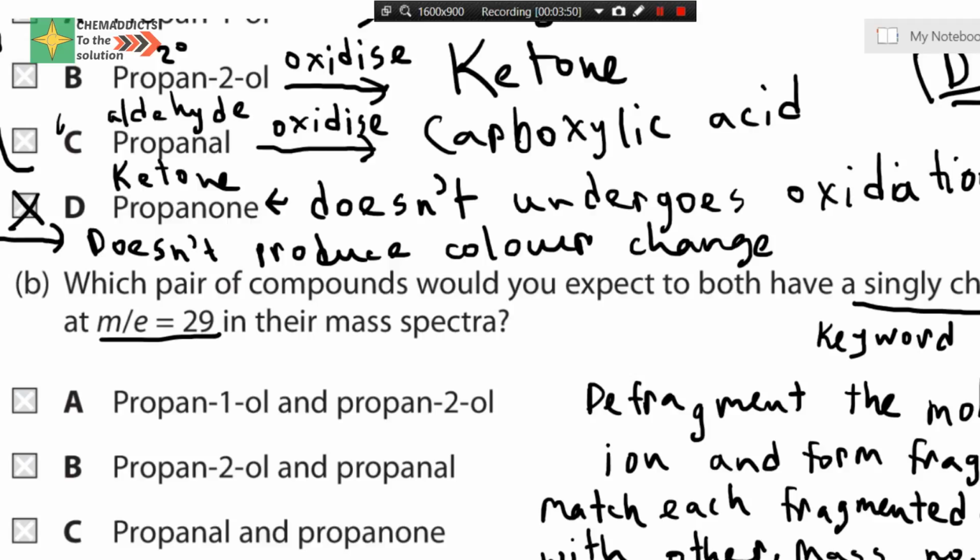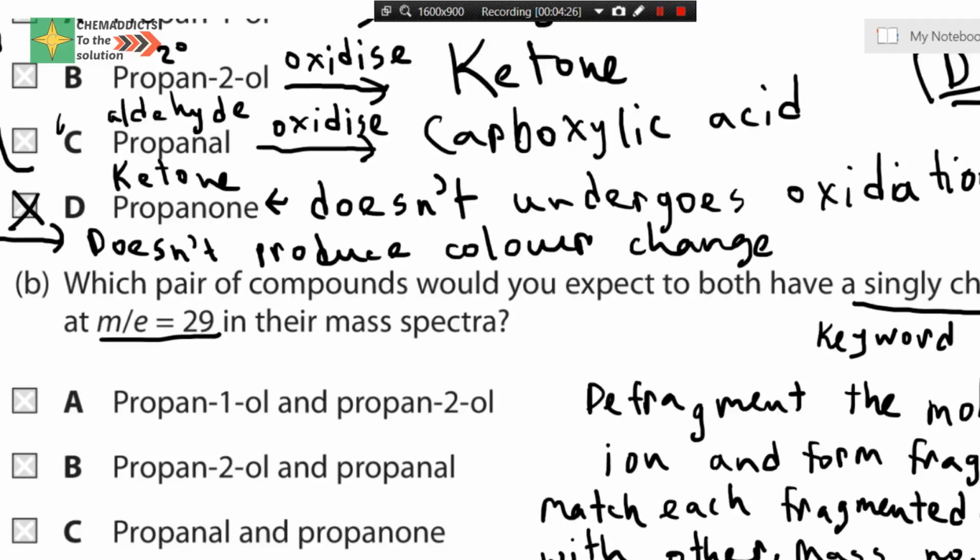So here two fragmented molecules should coincide with this mass by charge ratio, then we're gonna get singly charged peak. That means we're gonna get one single charge peak in the mass spectrometer at mass by charge ratio 29.